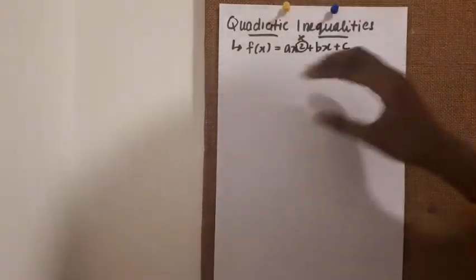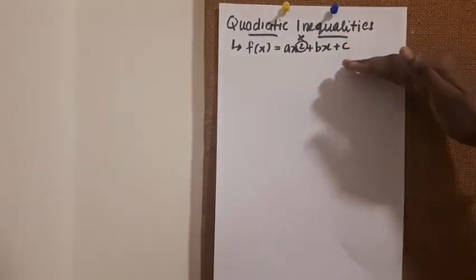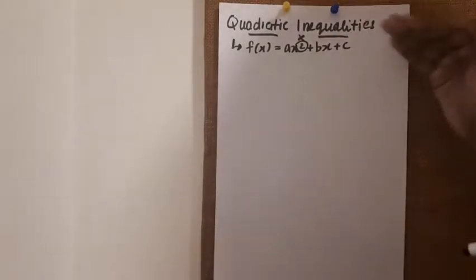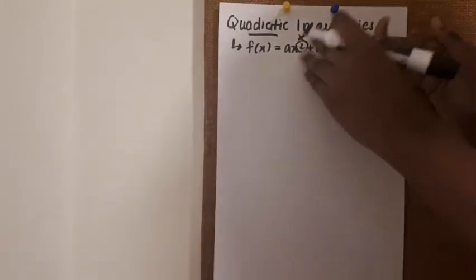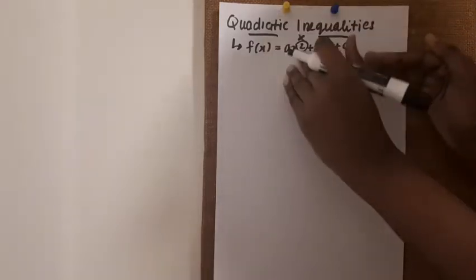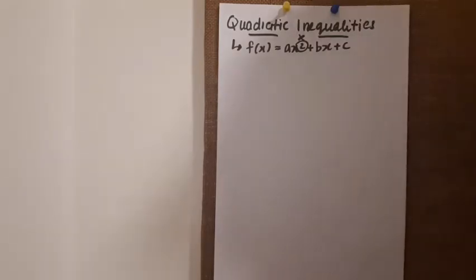So if the function has unknowns in it, check the unknown's power, and if the highest power of the unknown is 2, that is called a quadratic function. So far we have looked at sketching the graph. So today we will look at the inequalities.